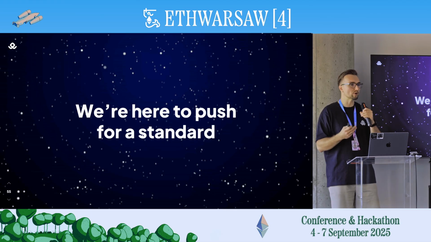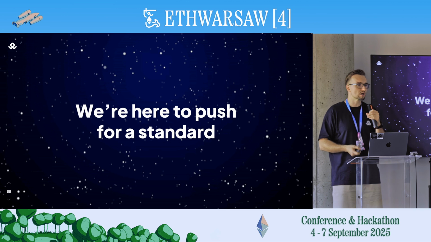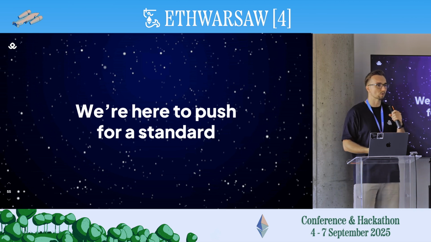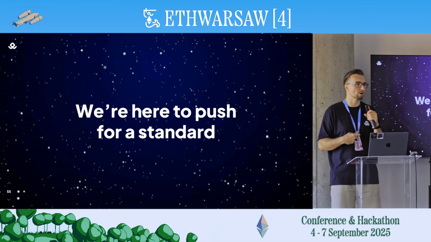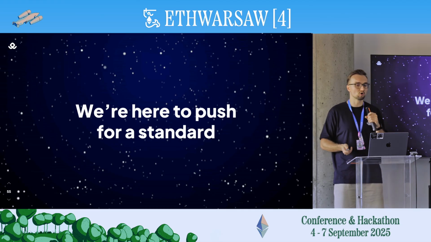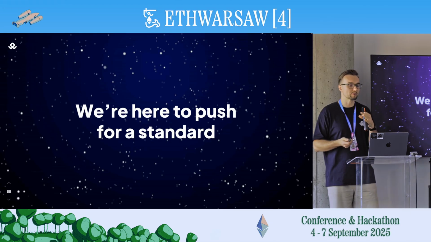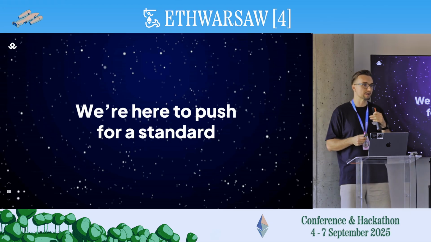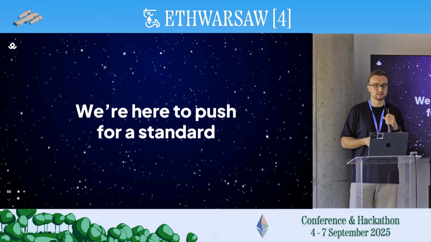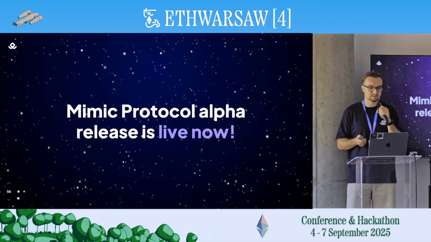And even though we can automate anything, it's taking too much time, it's not efficient, it costs our customers and the developers time to do so. So that's how we came up with Mimic Protocol, because we want a standard that we can use ourselves, but then we also want to open it for everyone in the space to use and to make it easier for developers, basically, to automate on-chain tasks.